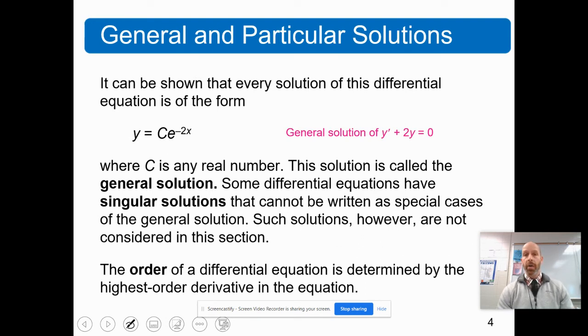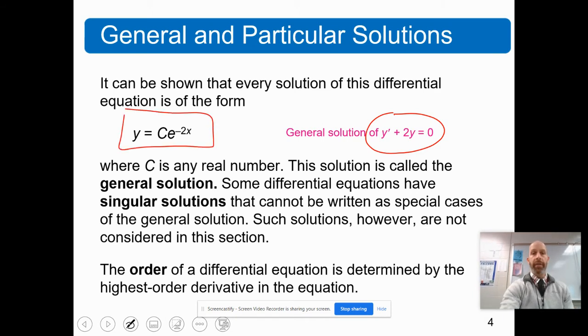It can be shown that every solution of this differential equation has the form y equals c e to the negative 2x. Remember, our differential equation right here, any equation of this form, if you plug it into that equation, will make it true. This solution is called the general solution.